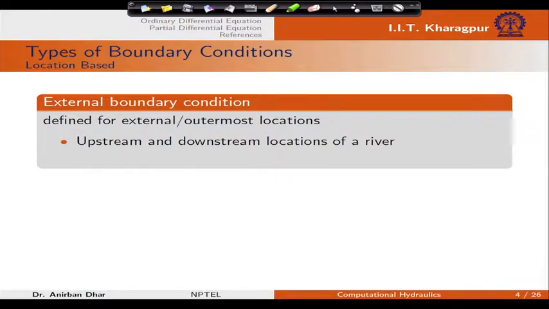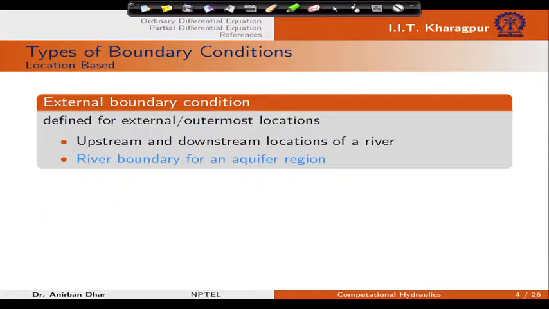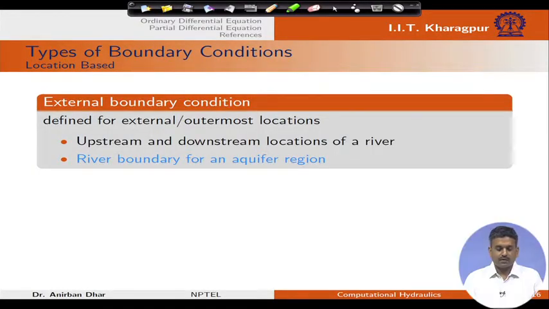We can define either an inflow condition, discharge, or in the downstream section we can define depth for a particular river system. For an aquifer region, we can define a constant head boundary, or we can vary that depending on the physical system.